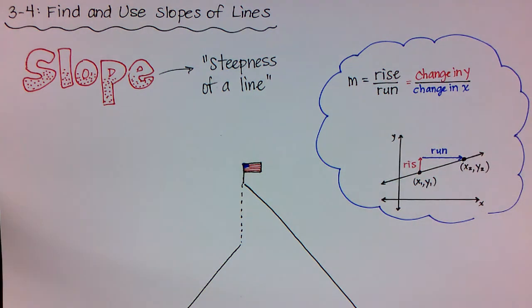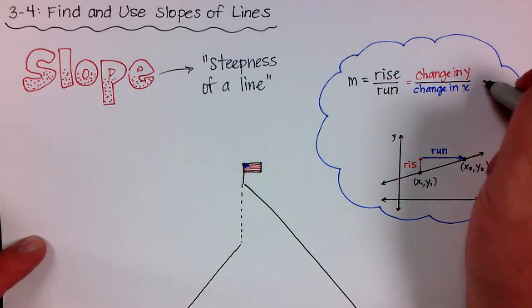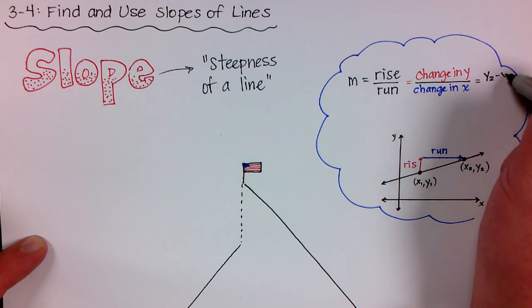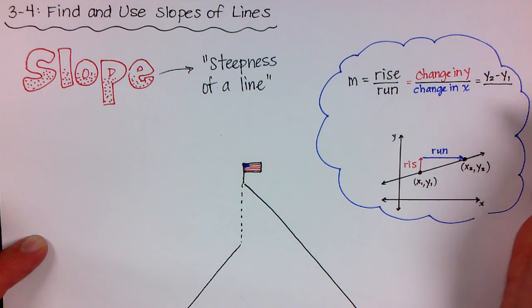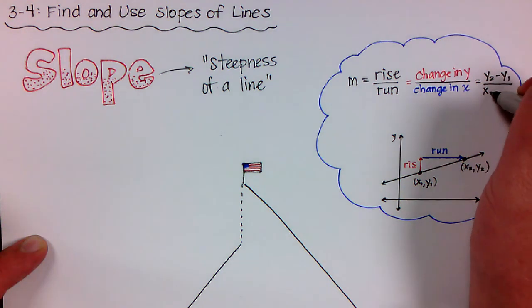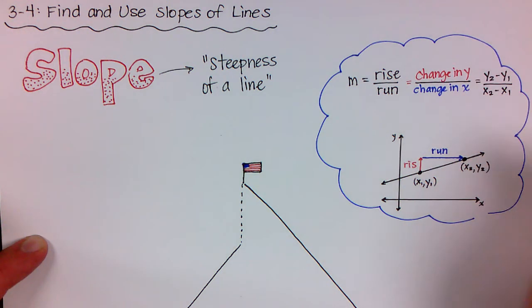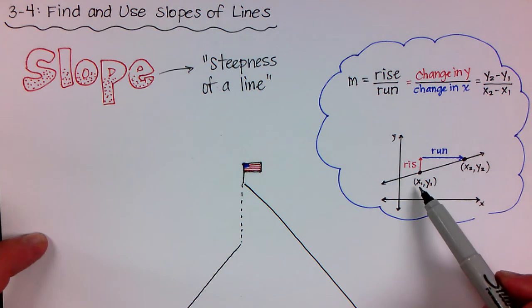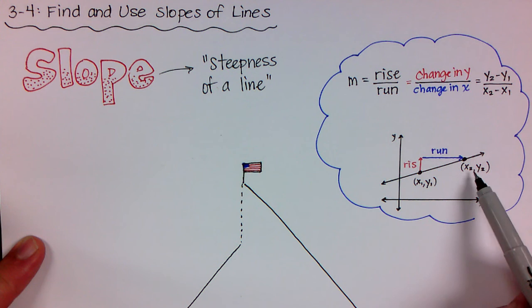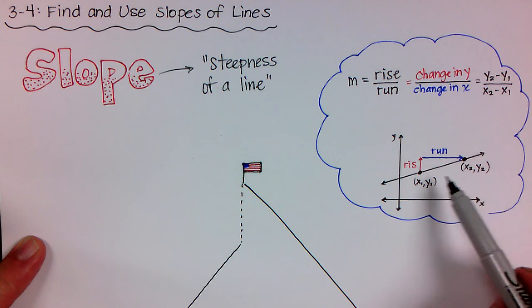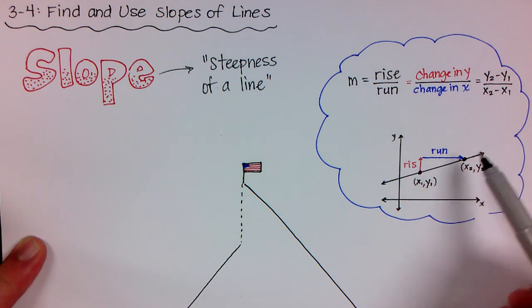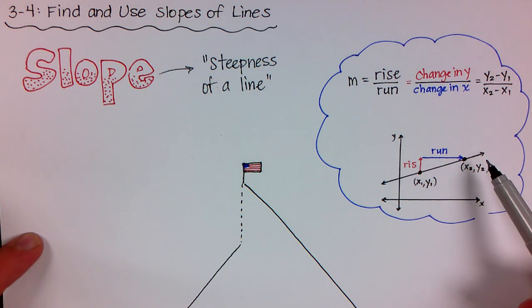And how do we find how much something changes? Well, we normally subtract where it ends from where it started, and so we're going to write y2 minus y1 as the change in the y's, and x2 minus x1 for the change in the x's. And this is based on if my first point, I label it x1, y1, and my second point x2, y2. If I have these two coordinate points, I can find the slope of this line.